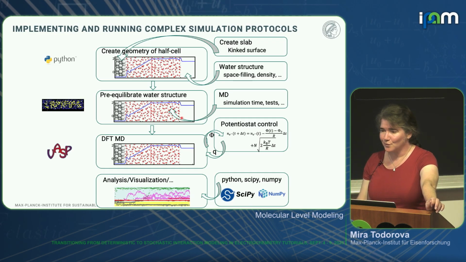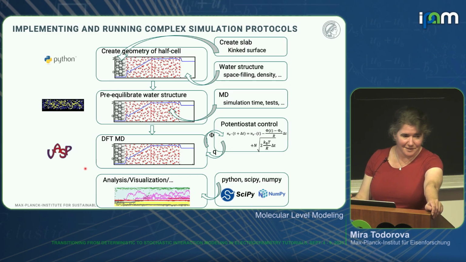Of course, you can do it also without this, but it is extremely convenient, in particular, for example, for this step here where we go from TIP3P water to DFT water, where we just change one line and say not use LAMMPS, but use VASP, something like this.